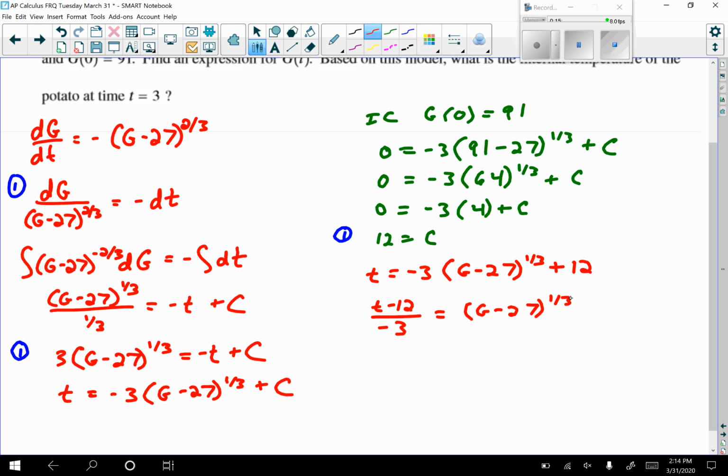So I'm going to cube both sides. I'm going to go ahead and just switch around the signs here. So this becomes 12 minus t over a positive 3. We'll cube that. That equals g minus 27. So then g equals this quantity cubed plus 27. And this will be a little bit easier when we go to answer the last part.